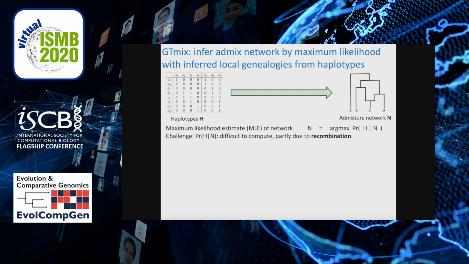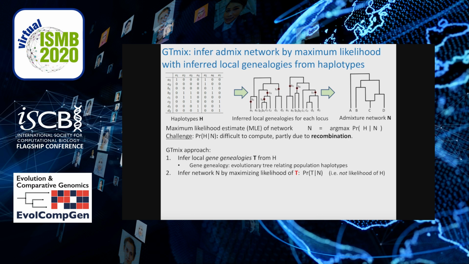Let me tell you the overall ideas of GTMX. GTMX is a maximum likelihood inference approach. The most straightforward way to do MLE is to find the network that maximizes the likelihood of the haplotypes, which are given. The challenge, however, is that the likelihood of haplotypes is well known to be a very hard problem in population genetics. So to get around this problem, GTMX first infers the local gene genealogies of each locus from the haplotypes.